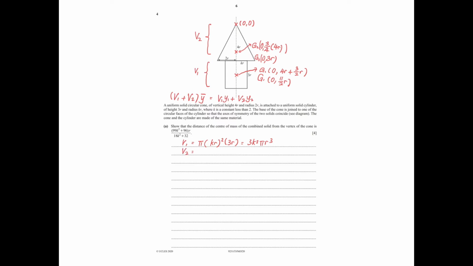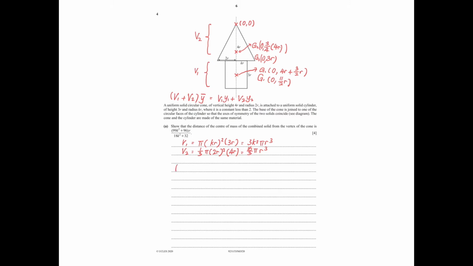Volume 2 is the volume of the cone. The formula is 1 over 3 pi r square times height. The radius is 2r, the height is 4r. Simplifying this, we get 16 over 3 pi r cube.